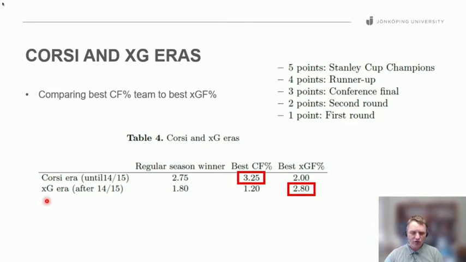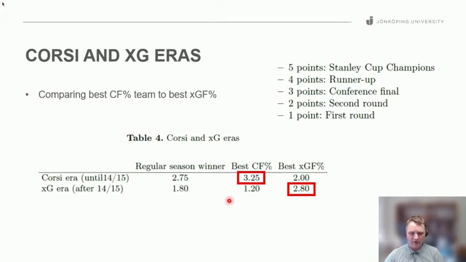In the XG era, however, so that would be after this season, we can see that it's actually the best XG team that got the most points. So not as high as 3.25, but 2.8, and this could be compared to 1.2 and the regular season winner 1.8.